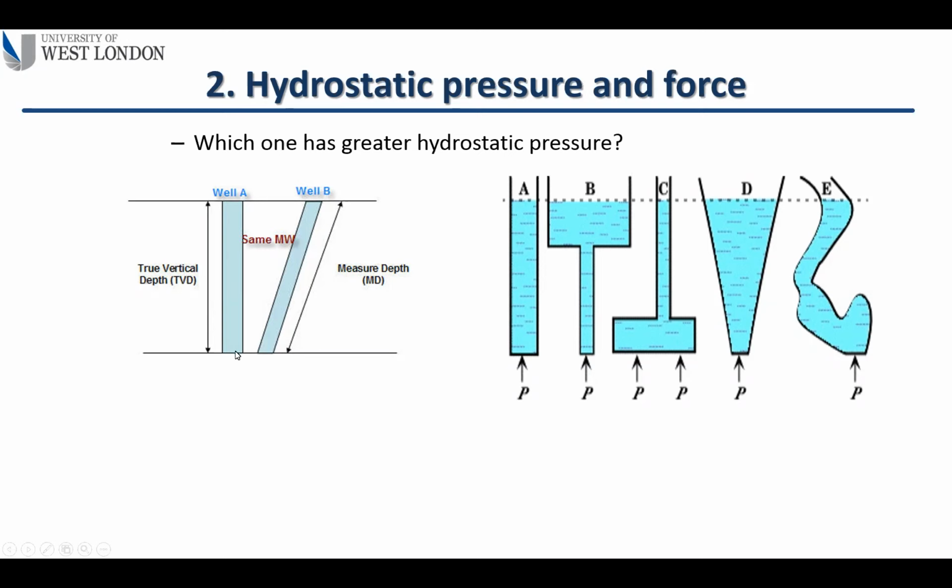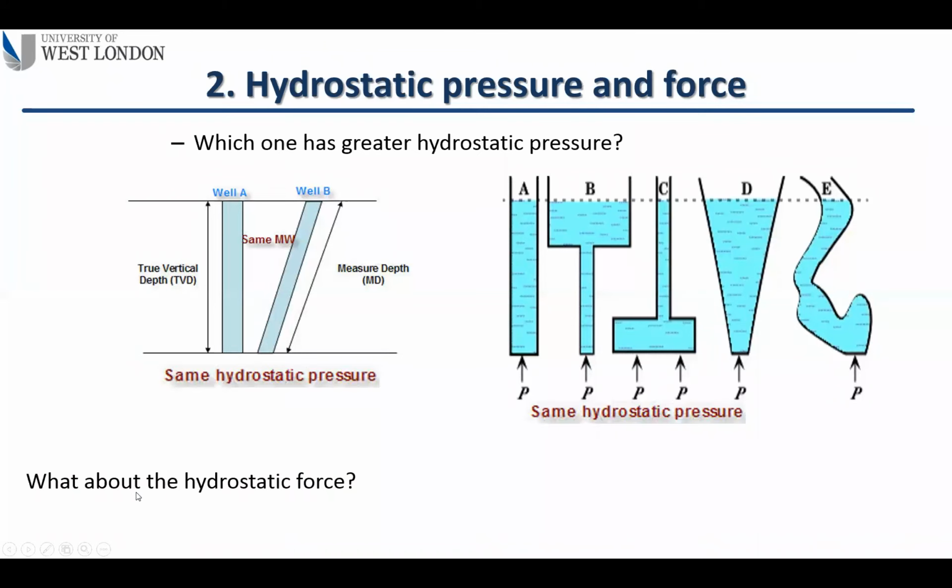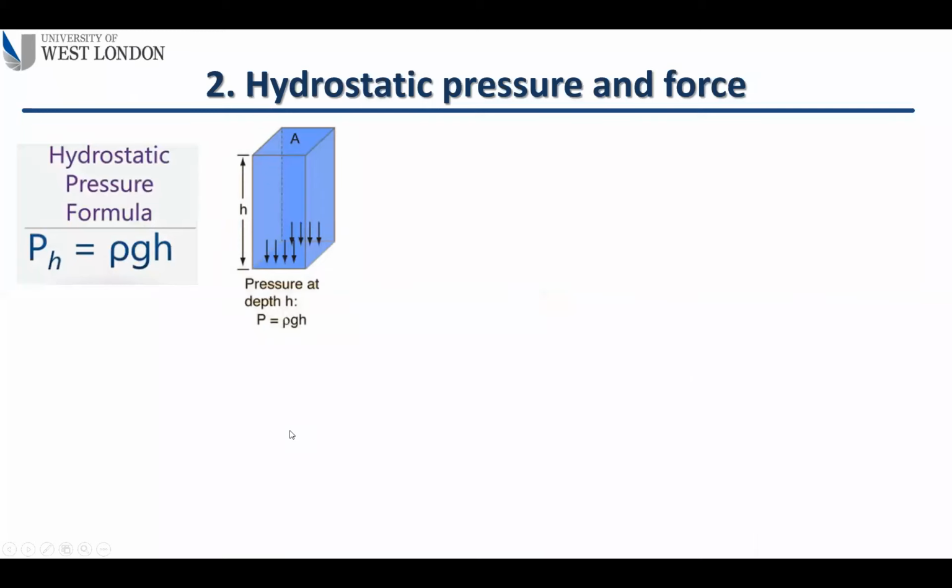So the question again is which one has the highest hydrostatic pressure at the bottom? And the question is the same for this one as well. What has the highest hydrostatic pressure? We're also going to discuss the hydrostatic force of both pictures, this one and this one. So let's move on to the next topic.